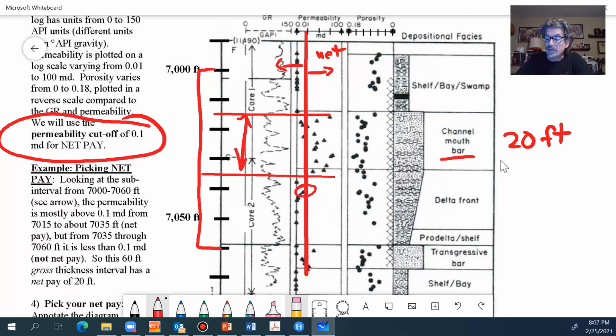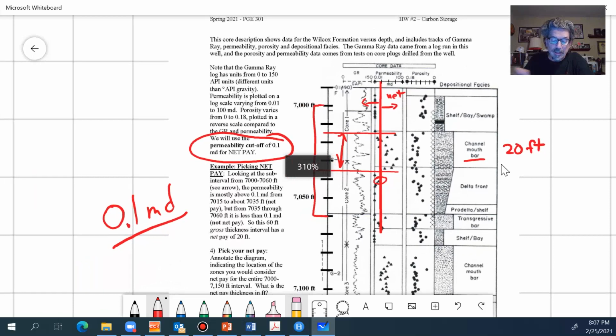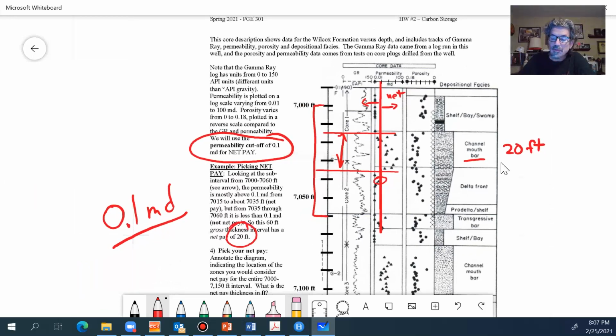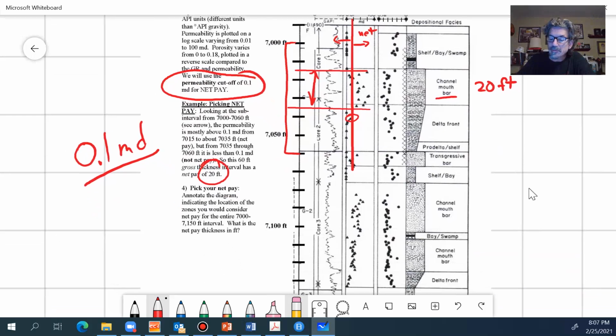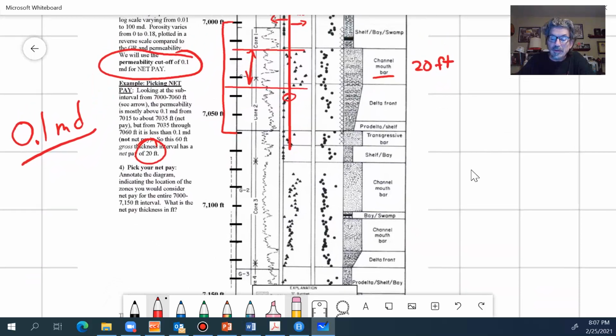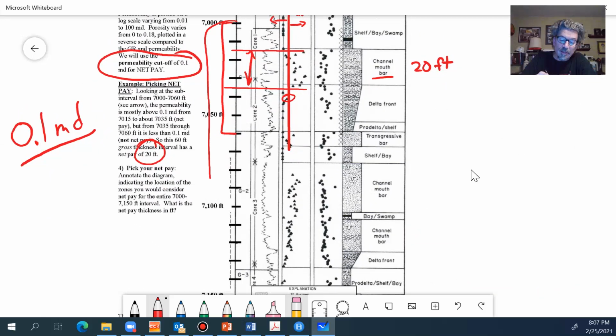So now what you're going to have to do, and that's what I've got written down here, is 20 feet, so I got the right answer, supposedly. But what you're going to have to do is do this for the entire sequence all the way down to here, okay? And so you can just extend this net pay cutoff line and figure out where we have permeabilities that are above the permeability cutoff.